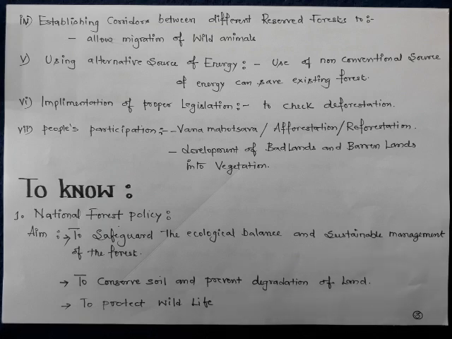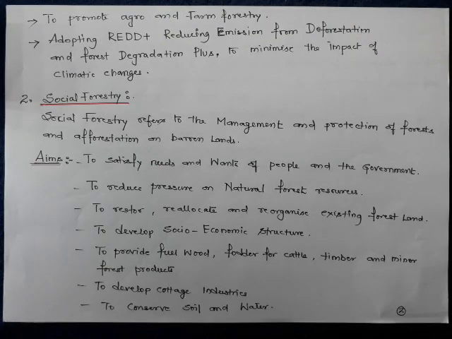It is to safeguard the ecological balance and sustainable management of forest, to conserve soil and prevent degradation of land, to protect wildlife, to promote agro and farm forestry, adopting REDD plus, that means reducing emission from deforestation and forest degradation plus, to minimize the impact of climatic changes. So please bear the first 3 points in mind.